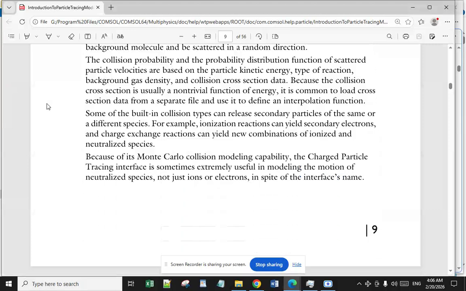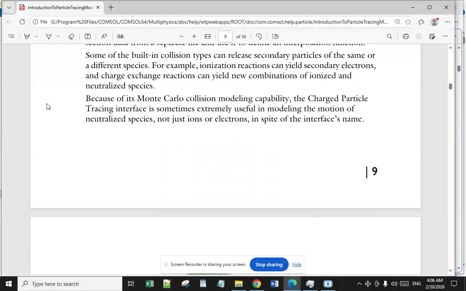Because the collision cross-section is usually a non-trivial function of energy, it is common to load cross-section data from a separate file and use it to find an interpolation function. Some of the built-in collision types can release secondary particles of the same or a different species.